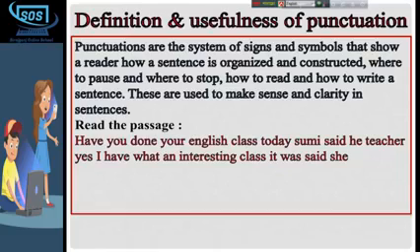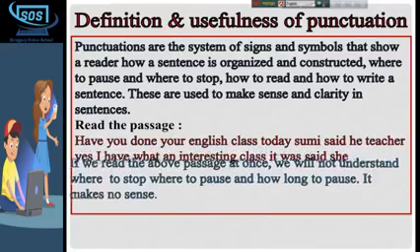So it is quite impossible for a reader to read a passage or text while there are no punctuation marks and capital letters. Mind that capital letters also are part of punctuation marks. Punctuation marks and capitalization are included in the same way.